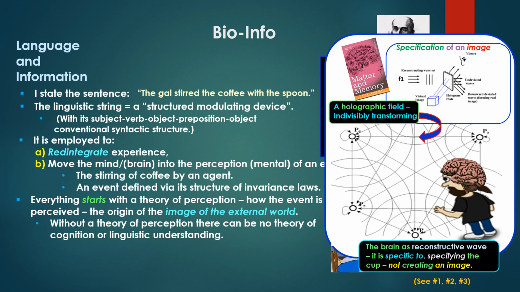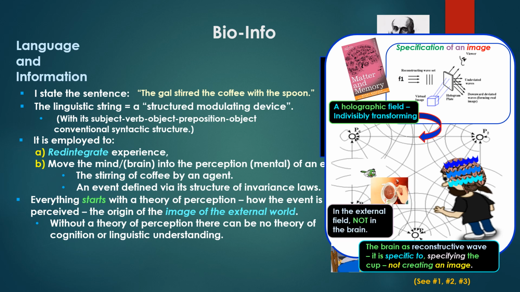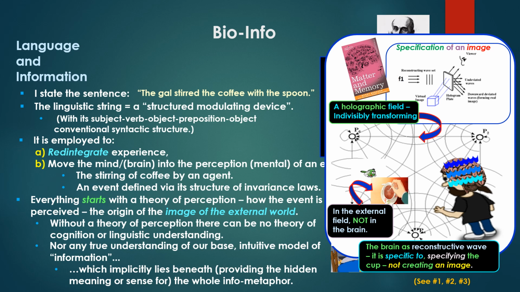In the Bergsonian world, we have a holographic field, and the brain is a reconstructive wave passing through this field, specific to the cup and the fly at a scale of time, not creating an image in the brain, the image being right where it says it is, in the external field, not within the brain, which starts a whole different theory of perception, memory, cognition, and therefore language.